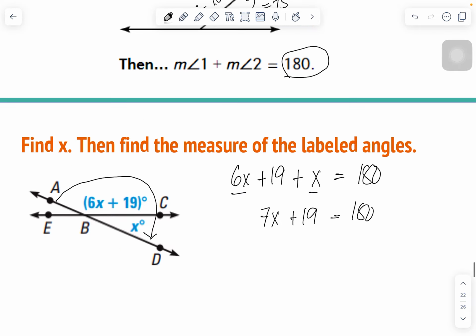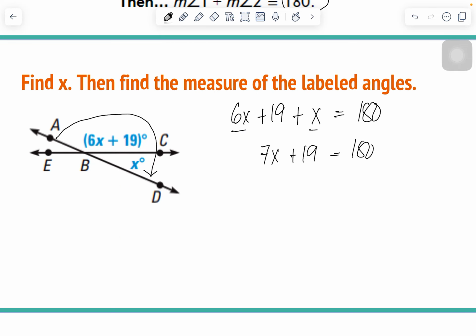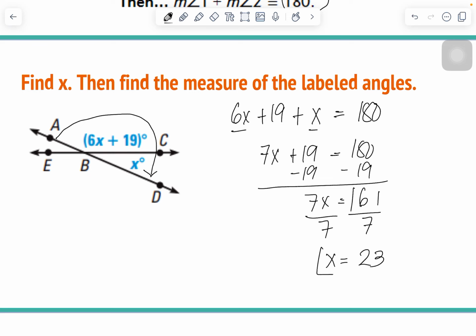Then subtract 19 from both sides. So that will give you 7x is equal to 161. Divided by 7, x is equal to 23.